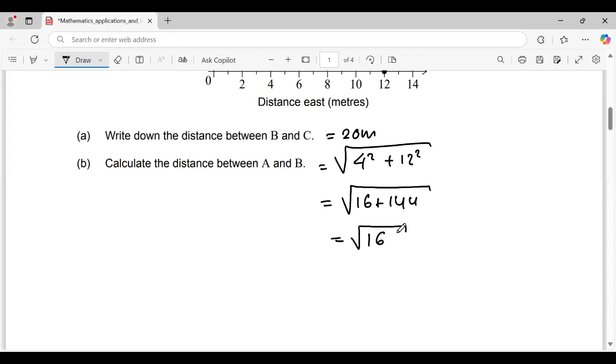So the square root of 160 is 12.6491. Round off, 12.6 meters.